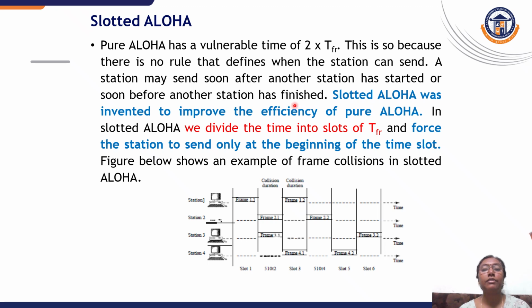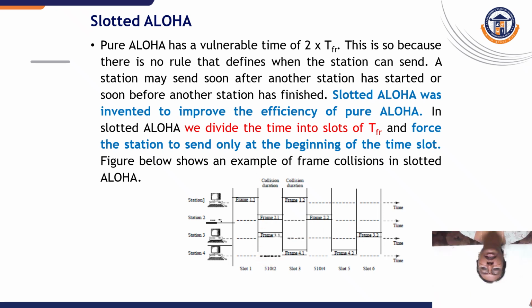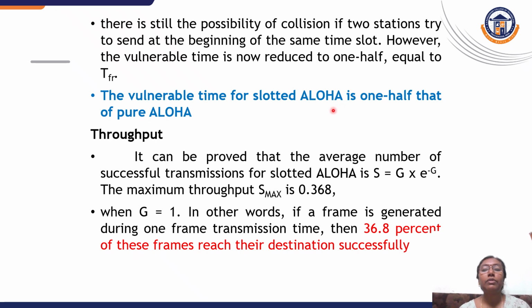But slotted Aloha was invented to improve the efficiency of pure Aloha, where we divide the entire time period into slots of one frame transmission time. Each station can send data only at the beginning of a time slot, so the vulnerable time of slotted Aloha will be half that of pure Aloha.